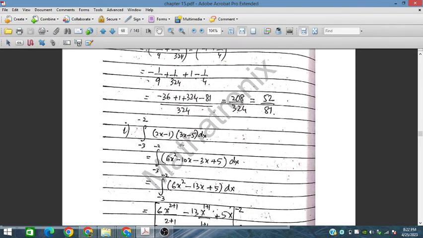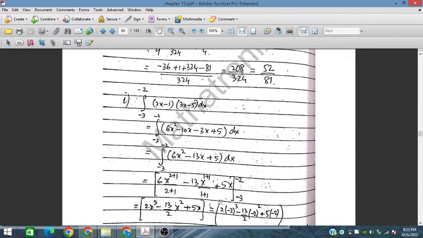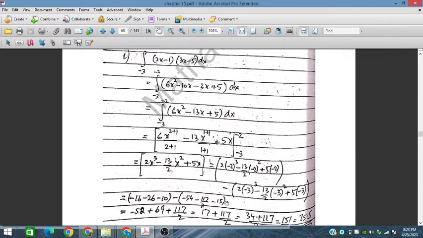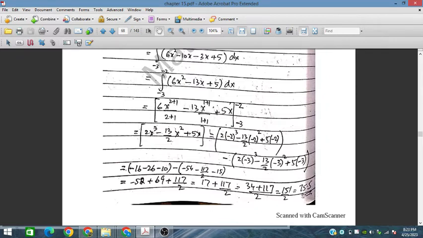Similarly for this one, on multiplication we obtain some values and then integrate every part. On integrating, we have obtained this value, 75.5.